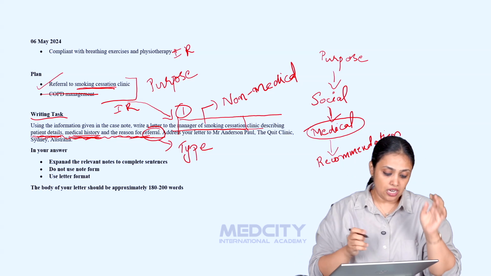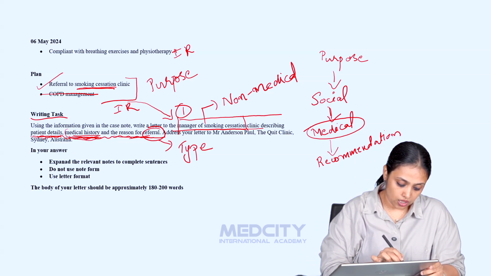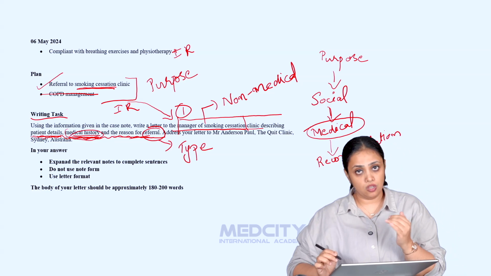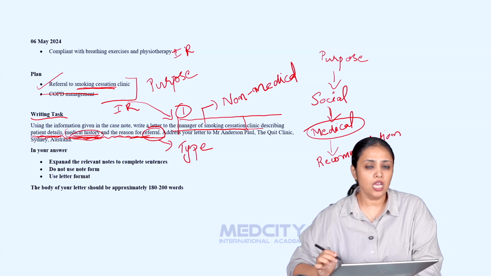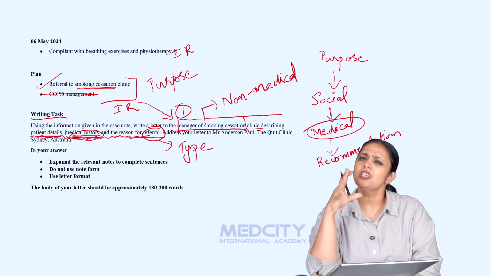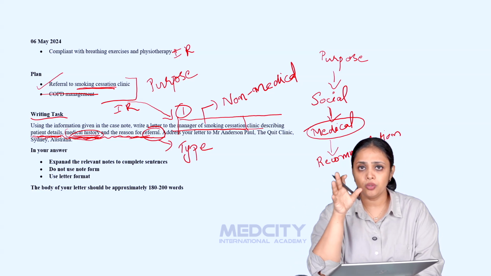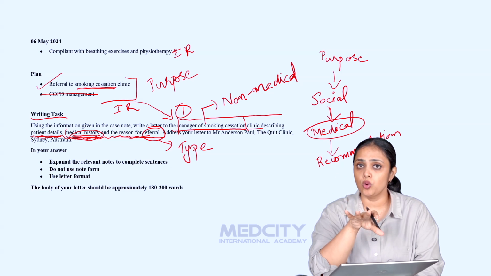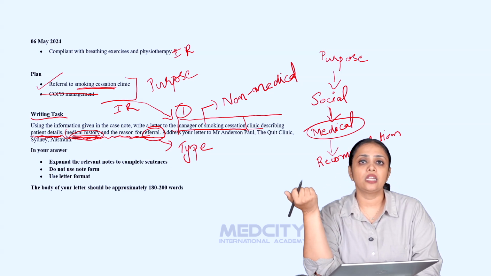Okay, and since the writing task says that you should be including the medical history, of course you have to mention that in the body. Whether to include that in the purpose paragraph or not, it's optional. If you want, you can say that she has the smoking habit which is actually affecting her health.